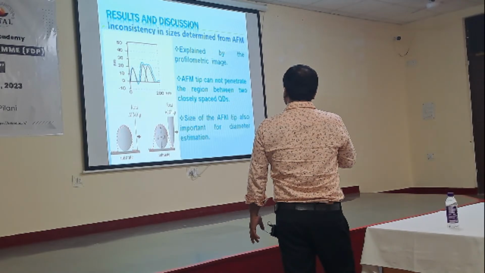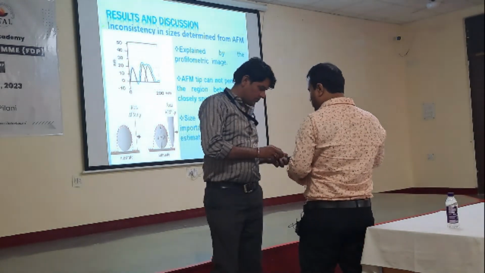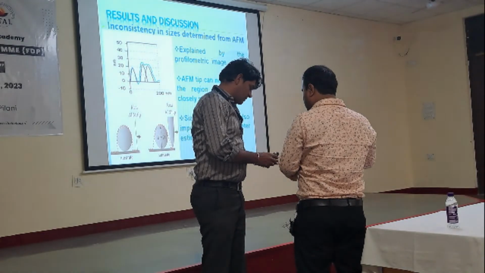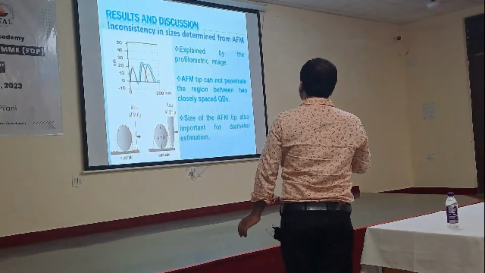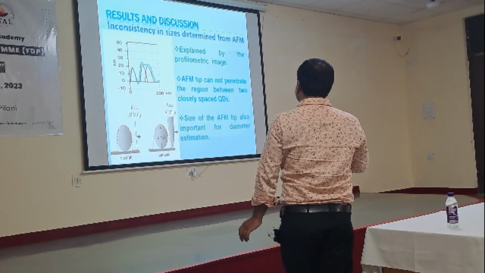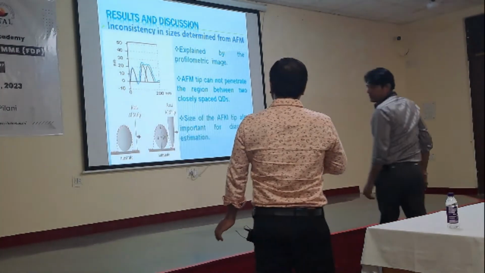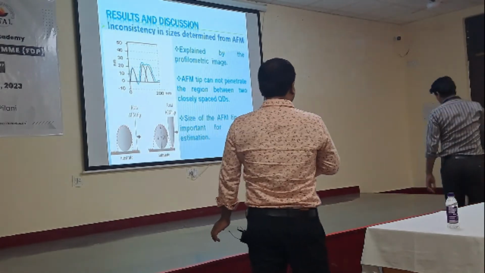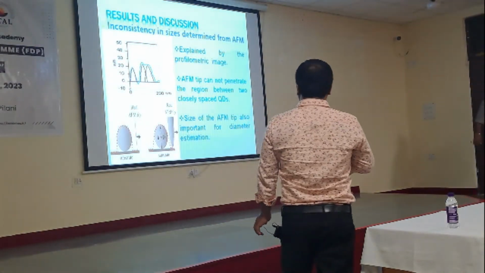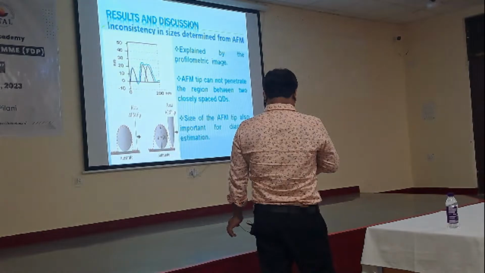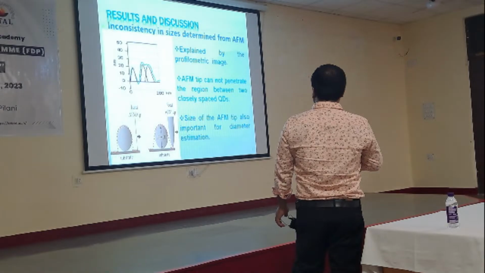That's why in case of AFM, the actual size will be this one. Instead of traveling through this one, because the tip cannot penetrate this region, it will travel through this. That's why in case of AFM, your particle size is quite higher, and in case of transmission electron microscopy images, your particle size will be quite less. But it can be adjusted by the tip size convolution effect.